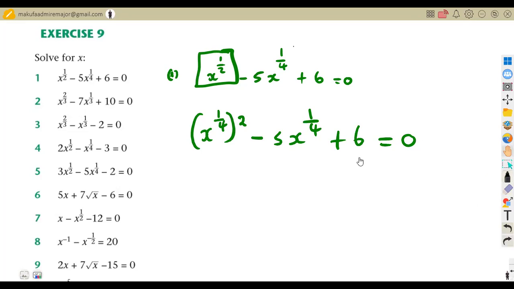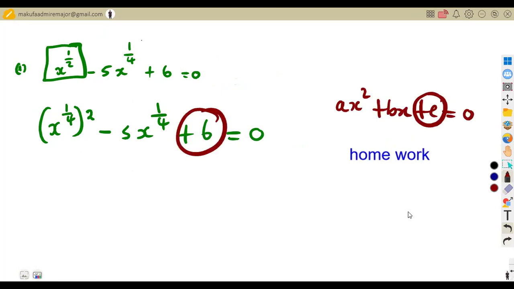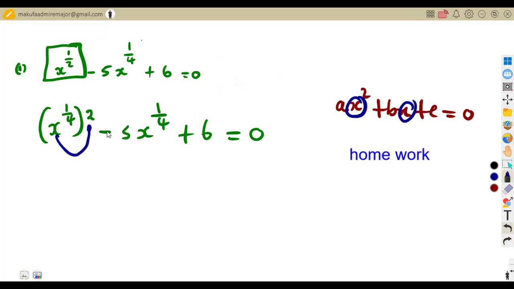Remember the format of the quadratic equation: ax squared plus bx plus c is equal to 0, where we have a constant just like 6. So this x is the same as this x, but being raised to the exponent of 2. This is what is representing our x. So it's a quadratic equation that we see.